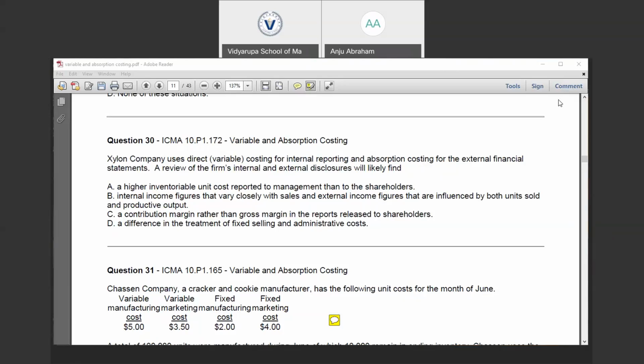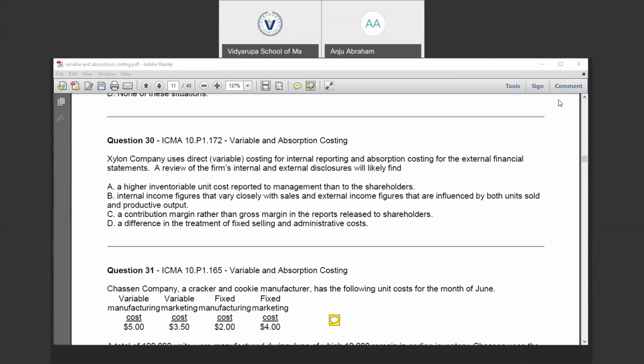So in absorption costing, we could find gross margin, not contribution margin. Contribution margin will be found in the variable costing statement, which is prepared for managerial decision making. So option C is the wrong answer. We could find gross margin in the reports released to shareholders, not contribution margin. So we could eliminate option C.